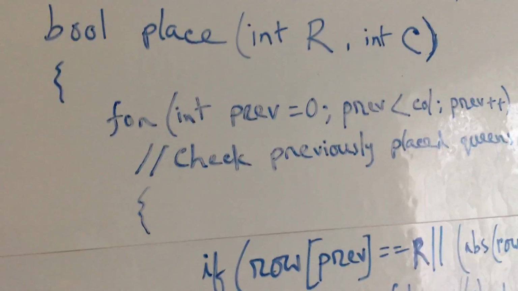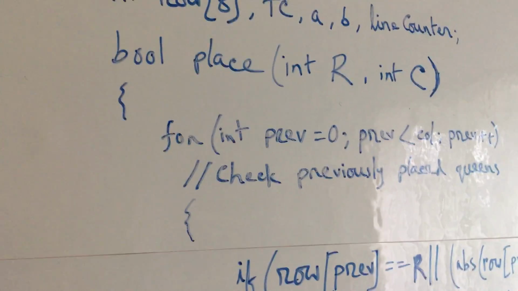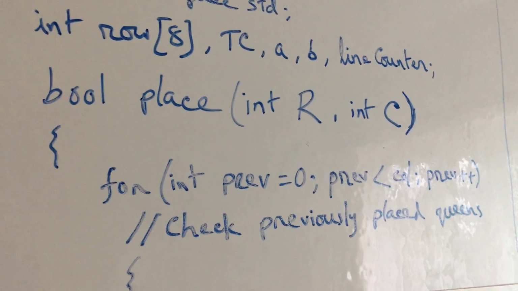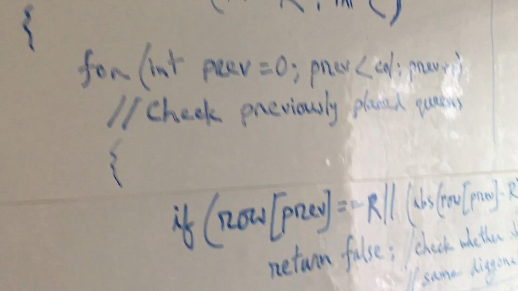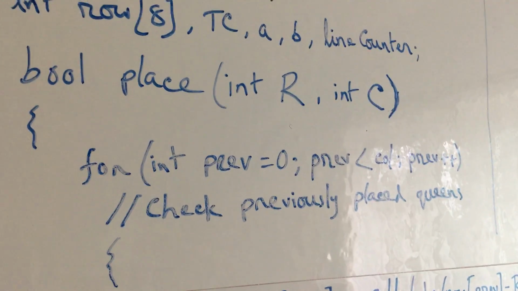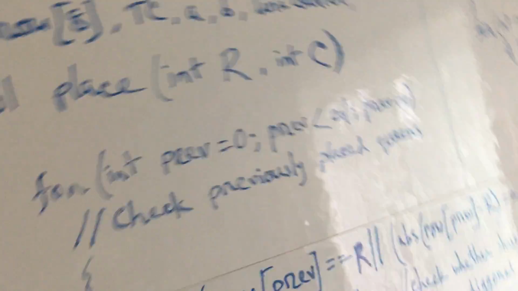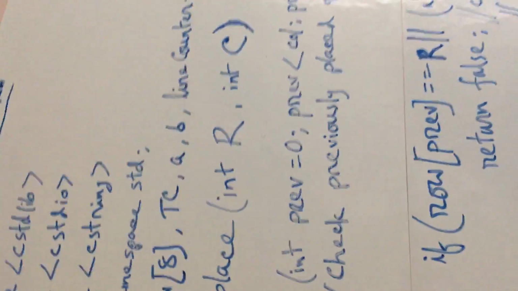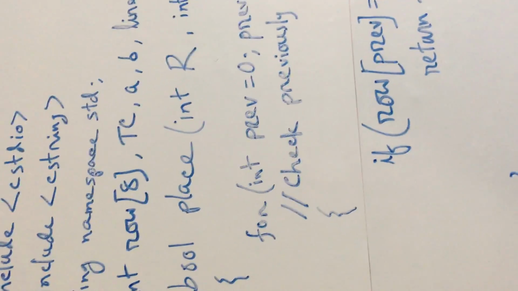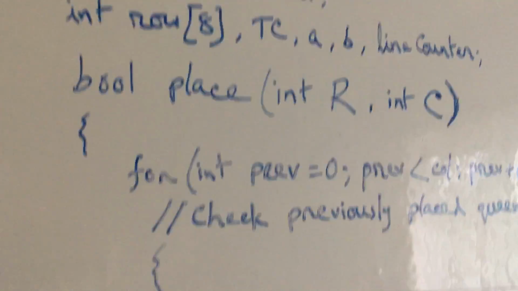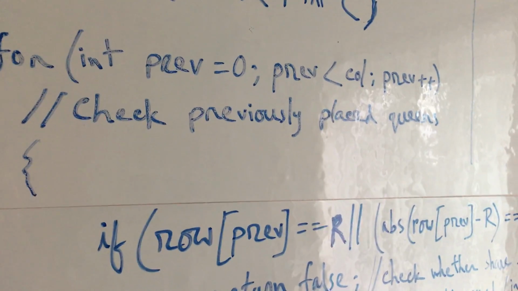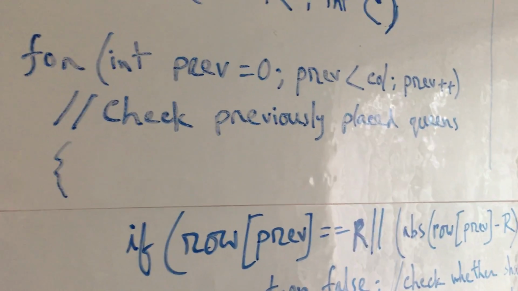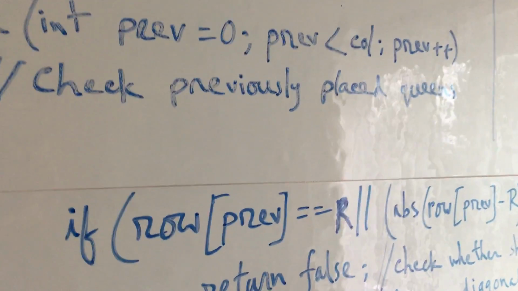One helper function that we can use is the bool function, which will tell us whether in that particular row and column position the queen can be placed. This function works by iteratively going through all the previous columns.